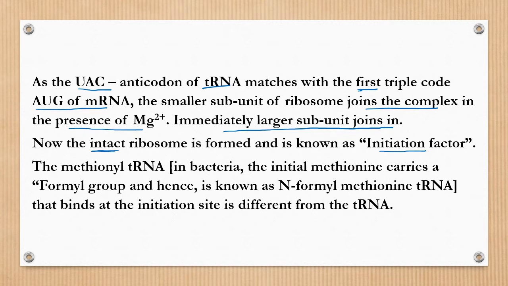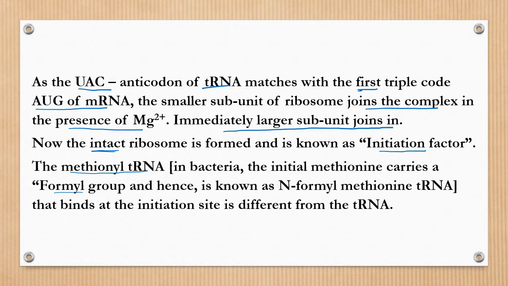In bacteria, the initial methionine carries a formyl group, hence it is known as N-formyl methionine tRNA in prokaryotes.